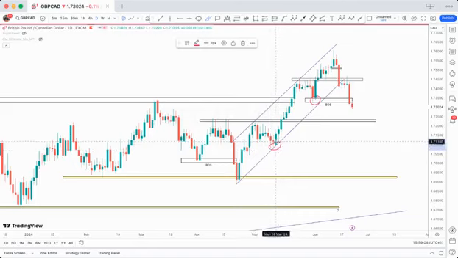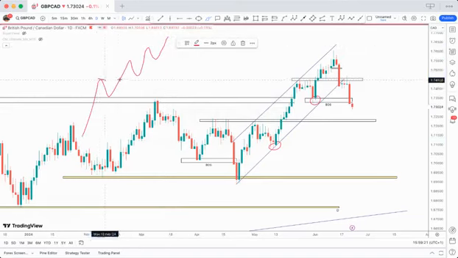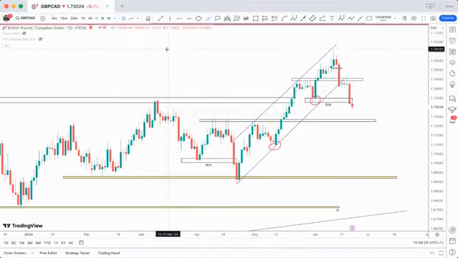Remember that the support level must always be respected. But for an uptrend to continue moving in this direction, the resistance has to be broken. It's a normal thing. This is the resistance right here. It always has to be broken, but the support structure must be respected.